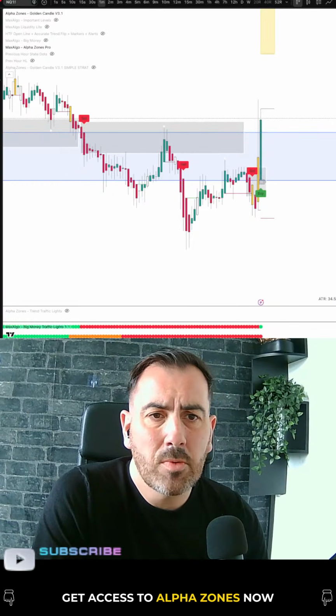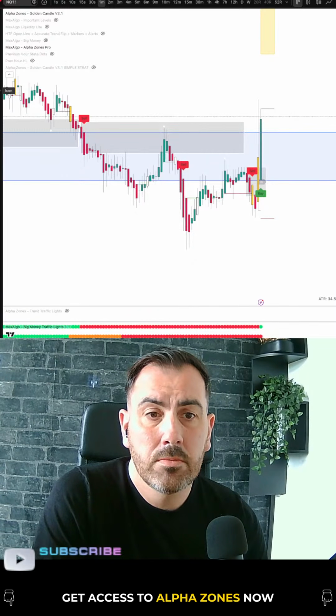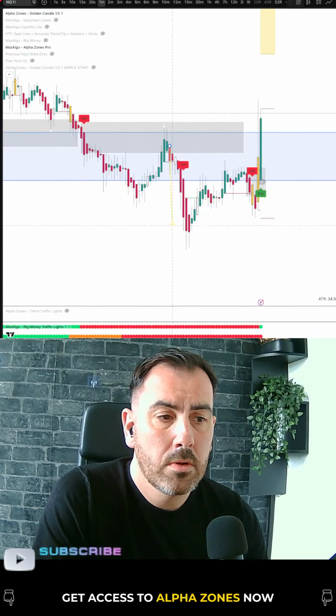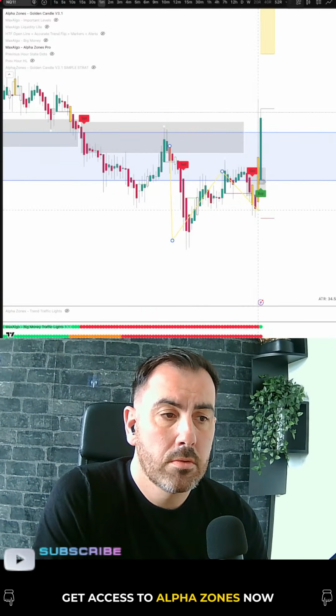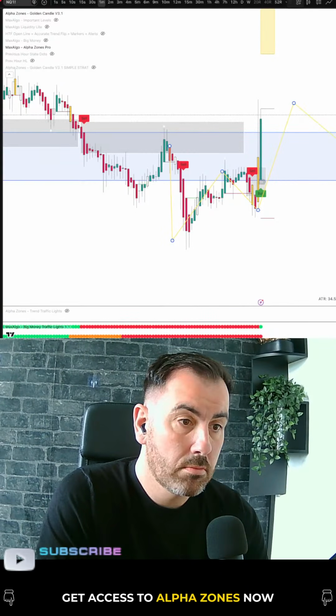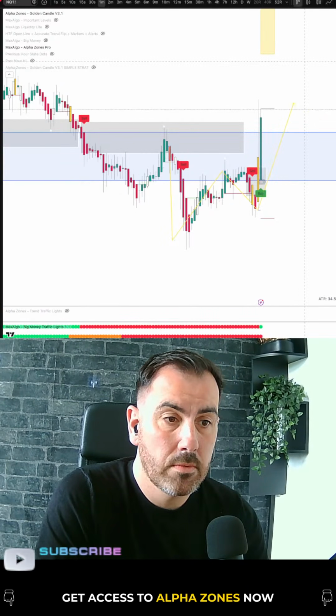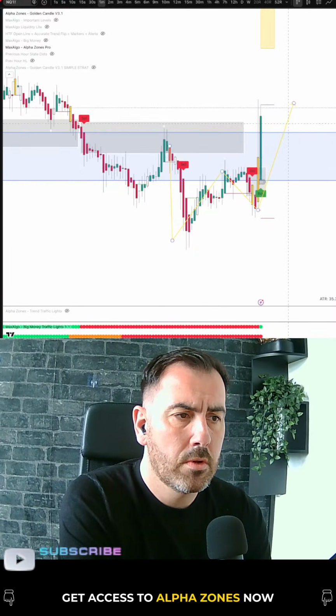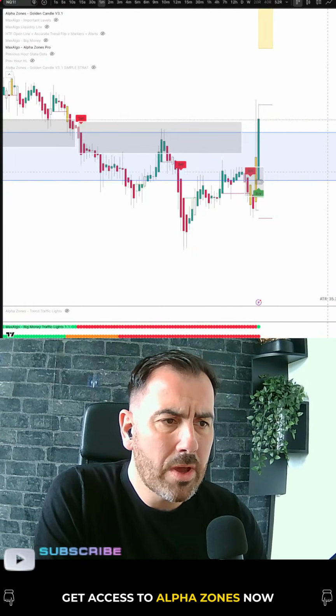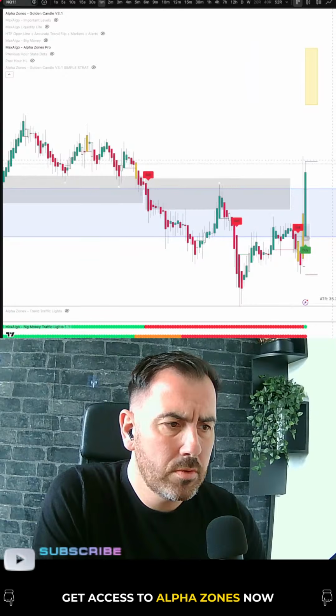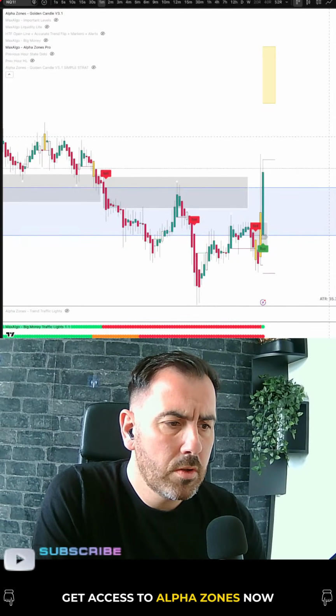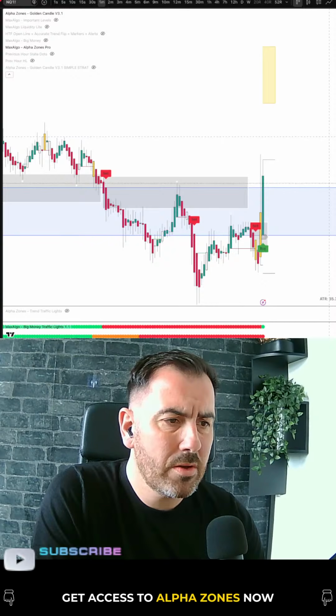So you were asking about a double bottom, and that is exactly what you got. It was exactly what you got. So we have come above our 1 hour. Broke the high of the previous hour.